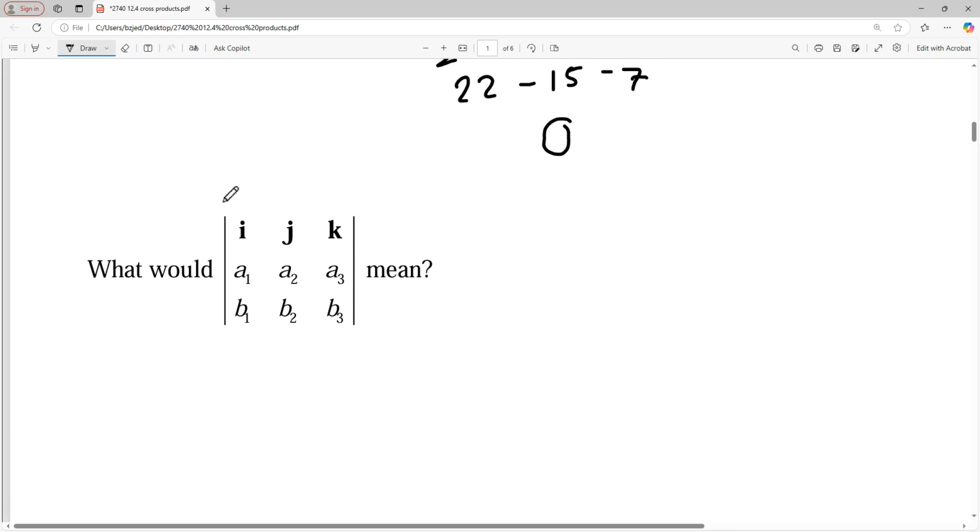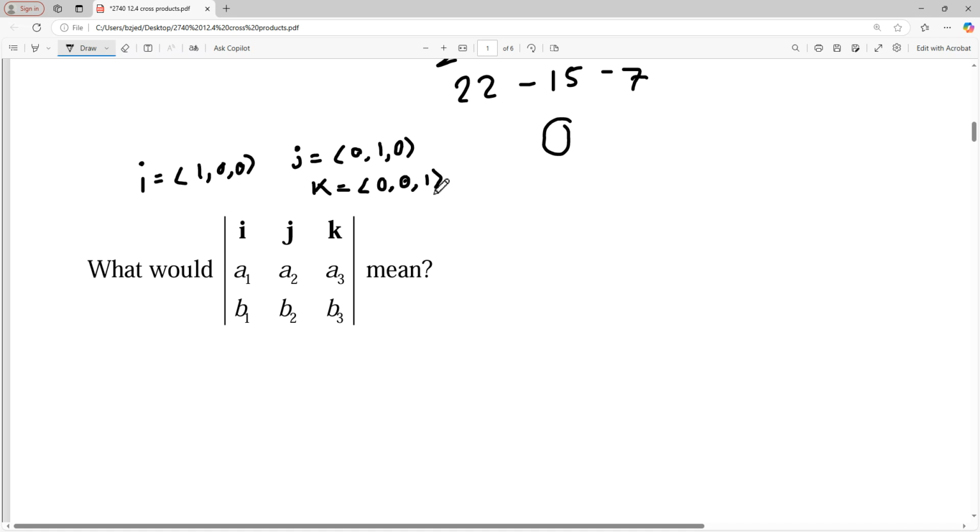As a quick reminder, because I know it's been a little while, if the letters are bolded, that means it's a vector. So I'm saying i is equal to the vector 1, 0, 0. j is the vector 0, 1, 0. And k is the vector 0, 0, 1.